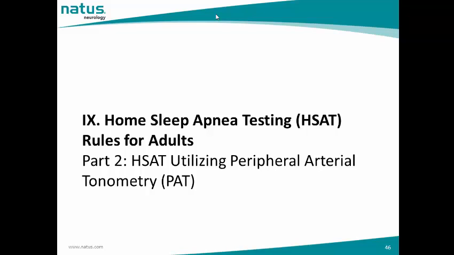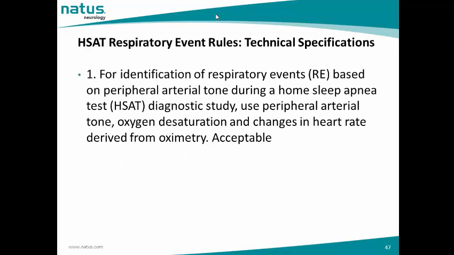The last section is about utilizing peripheral arterial tonometry in home sleep apnea testing. So the peripheral arterial tonometry is a device that can be used to evaluate arousals.